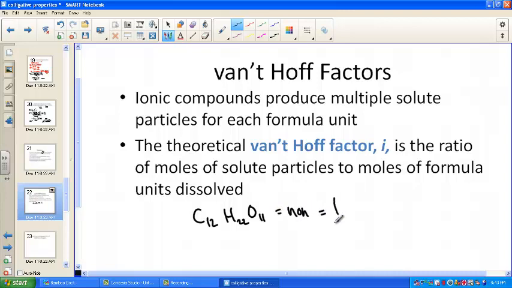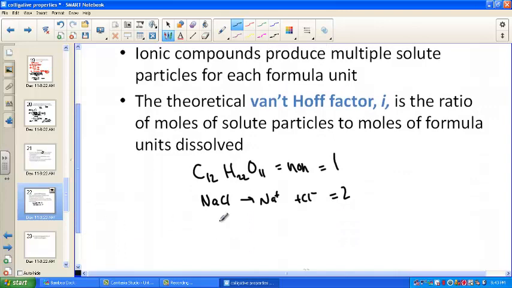It does not dissociate, Van Hoff factor of 1. If I sprinkle just ordinary table salt, notice how it dissociates. 2 particles come out, a Van Hoff factor of 2. If I take rock salt, which is what we traditionally put on our sidewalks and driveways, it dissociates to give me 3 total particles, a Van Hoff factor of 3.